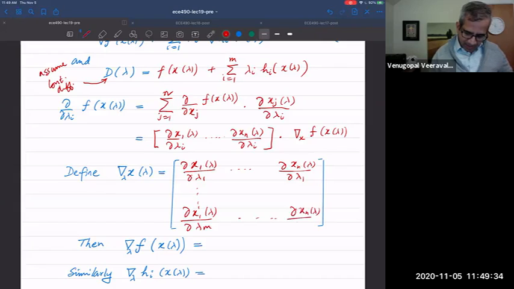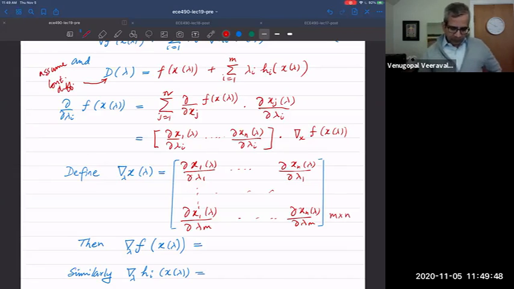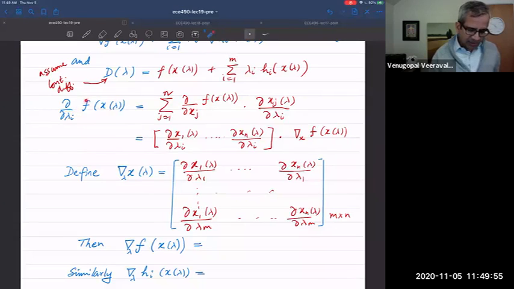So put all these into a matrix, and this is basically an m by n matrix. If you did that, then if I take all of these partials and put them into a vector, that vector can be formed by taking this matrix and multiplying it by this gradient vector. So I'll get each of the components of the gradient vector.